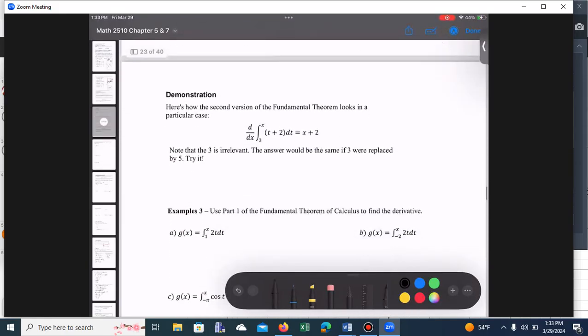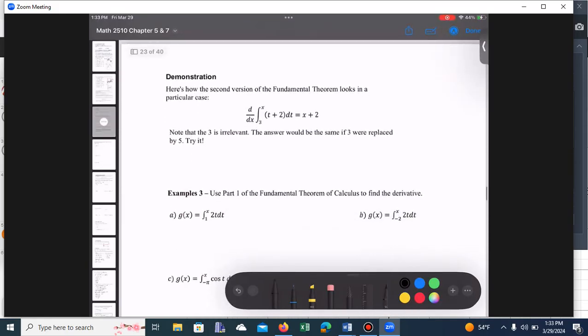All right, so let's kind of see how this works. Here we have the integral from 3 to x of t plus 2 dt. And we're going to show that's equal to x plus 2.